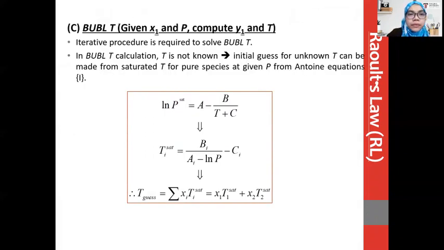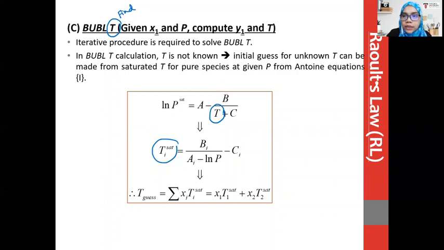Okay, for the bubble temperature, since we need to find the temperature here, we need to perform an assumption. Because we don't have the value of temperature, we need to rearrange this, and then we can determine the T saturation.